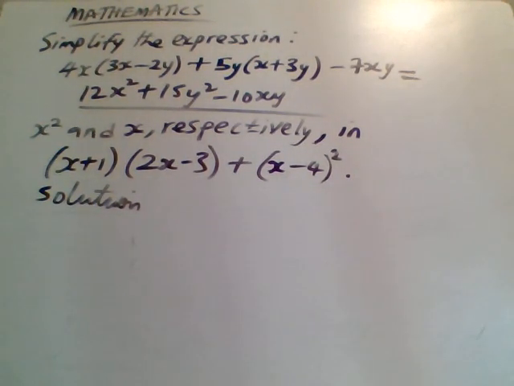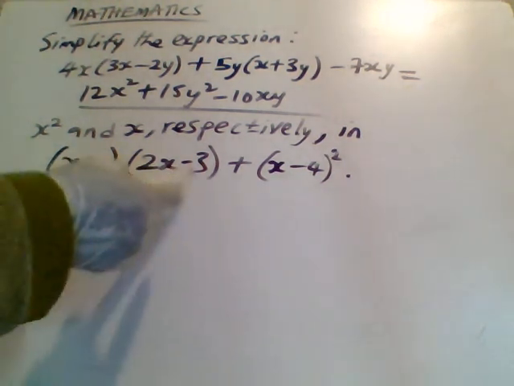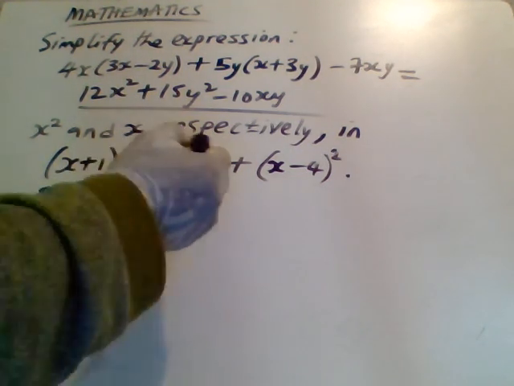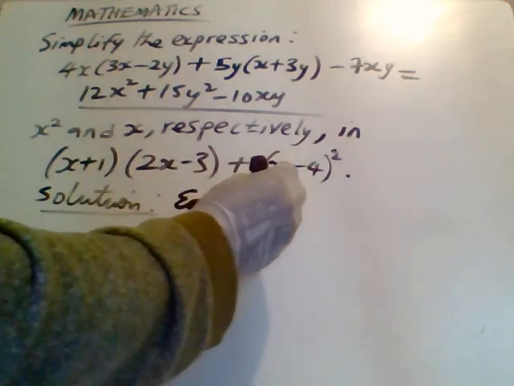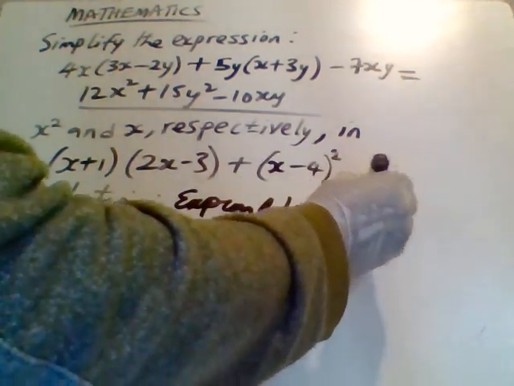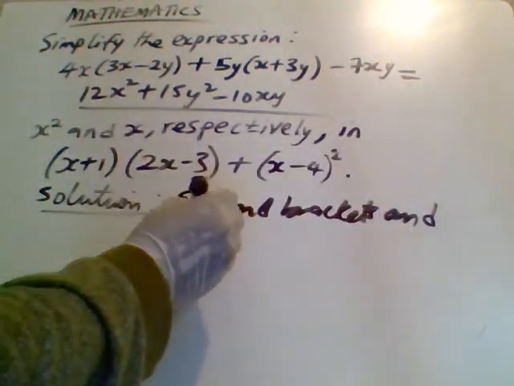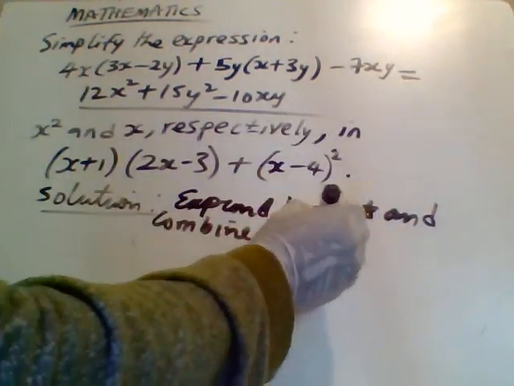The first thing you have to do, since the terms in the bracket are not the same, is to expand the bracket and combine the like terms as we did earlier. Expand brackets and then combine like terms.